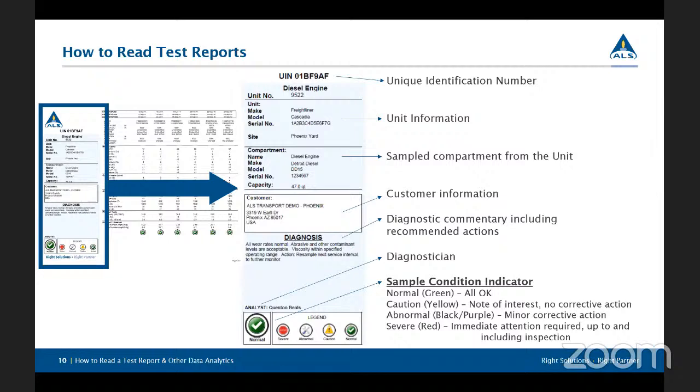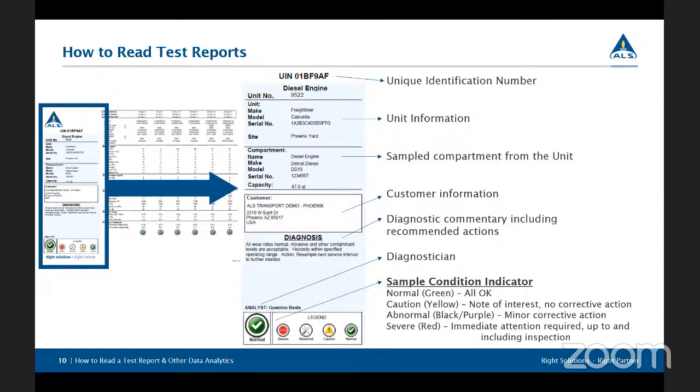And then we have a sample condition indicator. So on that bottom left, that is the overall sample condition for your latest sample. We've got normal, which is green, and everything's okay. A caution is going to be a yellow color, which is a note of interest. It doesn't necessarily mean that there's any corrective action. It just means, hey, you should take note of this. Should be something on your mind with this piece of equipment. If you do get an abnormal rating, which on the website will be shown as a color purple, that's just a minor corrective action.